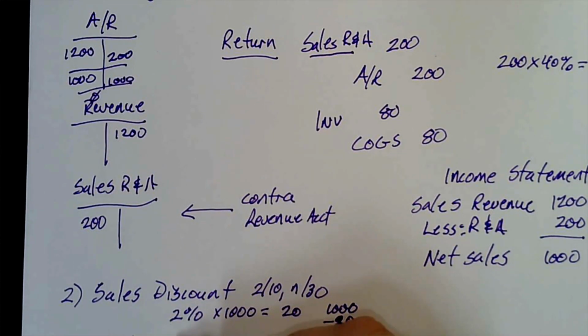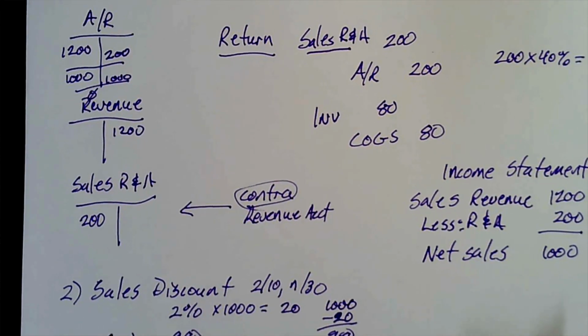So we're going to be receiving 980 in cash. So what goes here? Well, we're going to have another contra revenue account called sales discount, another thing that reduces sales. And this is a debit as well.